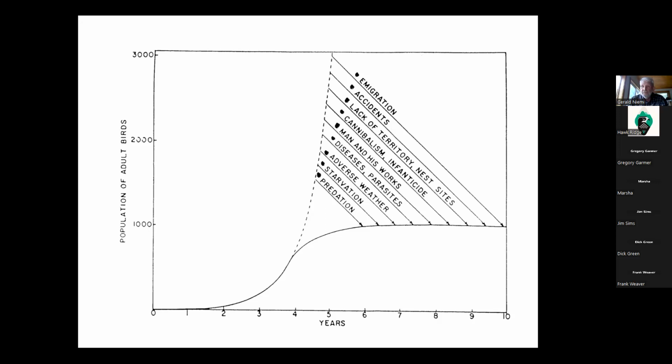But this is just pointing out that there are many, many factors that go into mortality and tapering off the population so it reaches some sort of equilibrium. It never really does that. It fluctuates over time anyway, because of those factors. So that's what we're always trying to understand: what is affecting these populations over time, and what we might have to pay attention to in terms of management changes to be made by society.